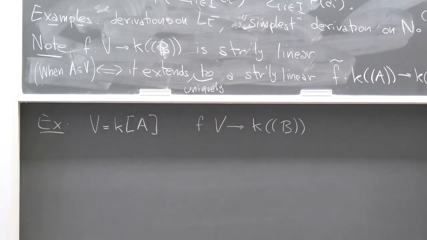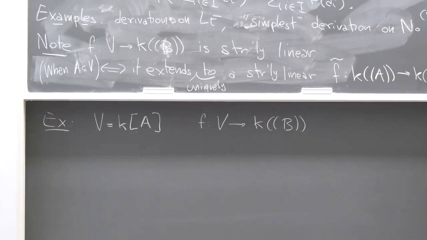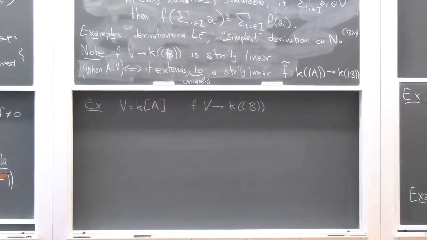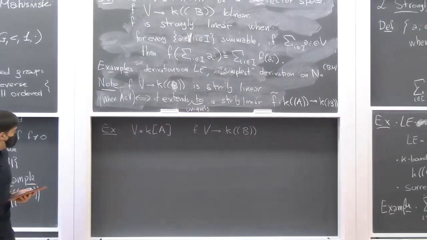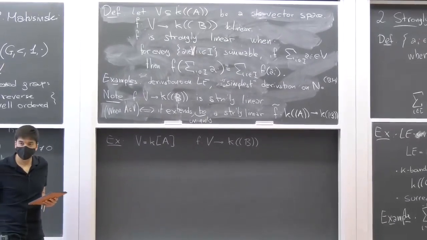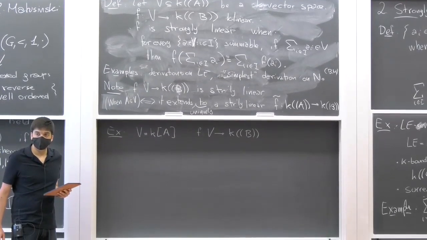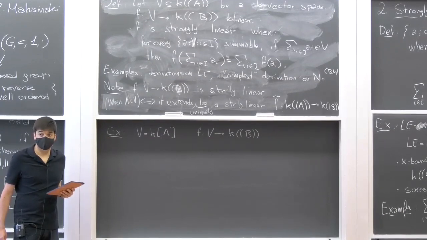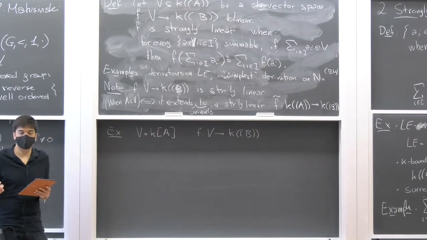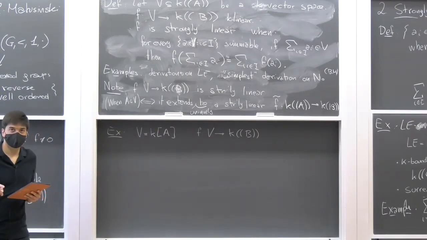Yes. If you have a map like this that you just drew, this F from the group ring to Kb, let's say, are we saying that there might be cases where it does not extend at all, or that there always is an extension and it's not unique, or both things can happen?